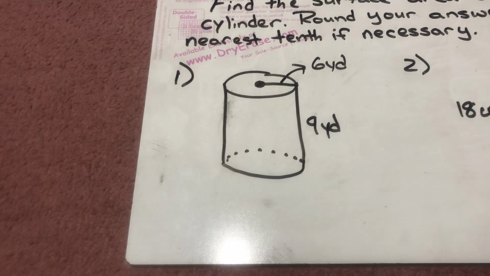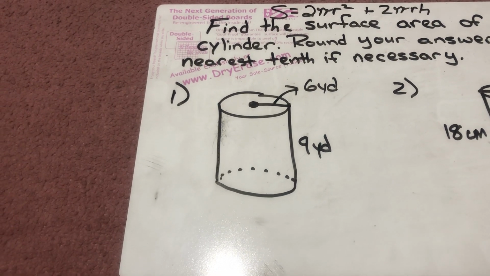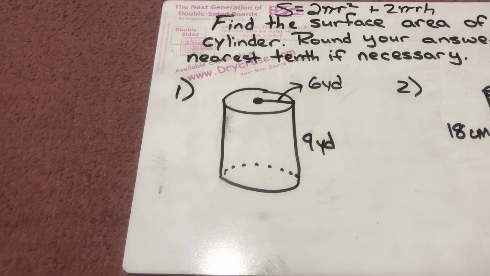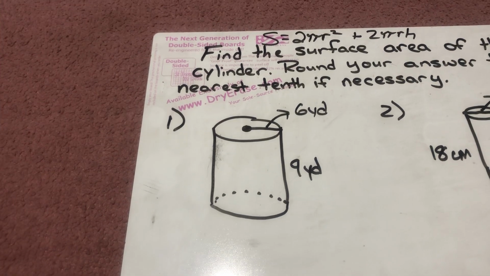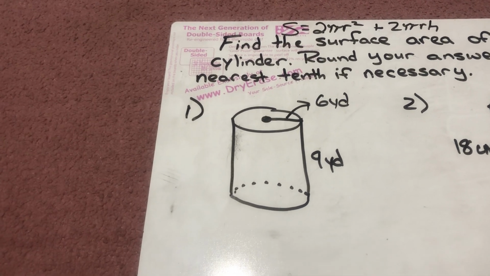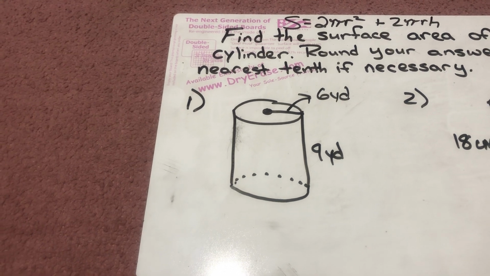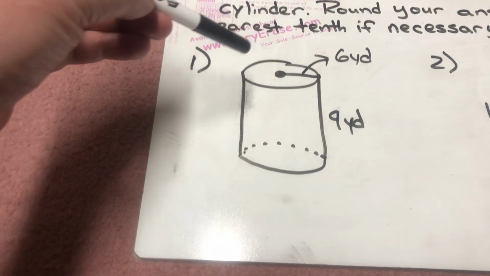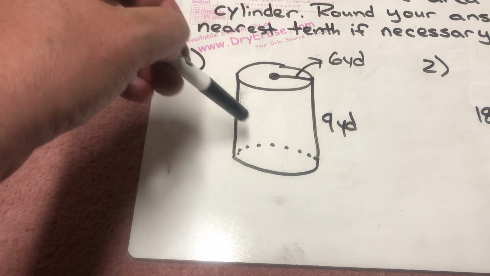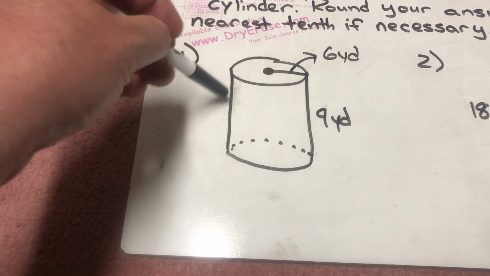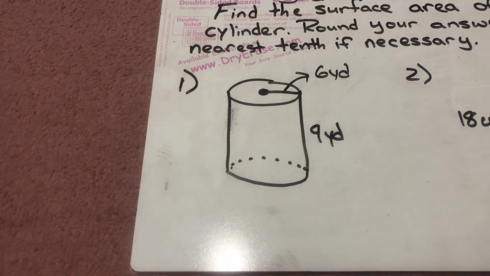So we look here at number one. Here we have a cylinder. Now a cylinder is like you see sometimes like those silos or like a Pringles can or a can of soup or something like that. That's a cylinder shape where there's two congruent circles and then there's what they call this rounded lateral surface.